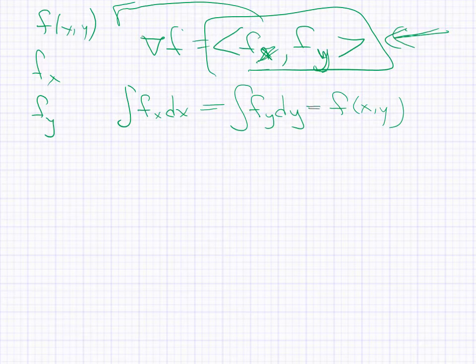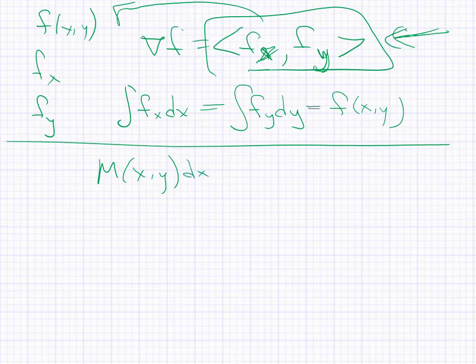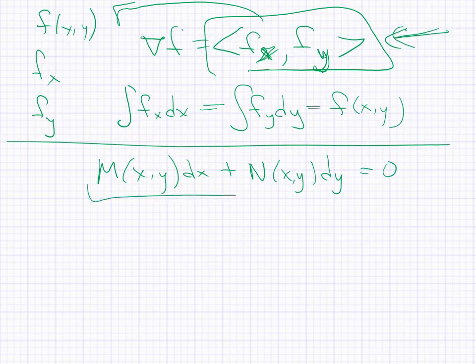So if I do that here with this exact differential equation, and I go, okay, I have this function M(x,y) dx plus N(x,y) dy equals 0, and I check and I know that this side is an exact differential, meaning that I know that this is the partial of some function with respect to x, and I know that this is the partial of that exact same function with respect to y, and I'm trying to find that function.